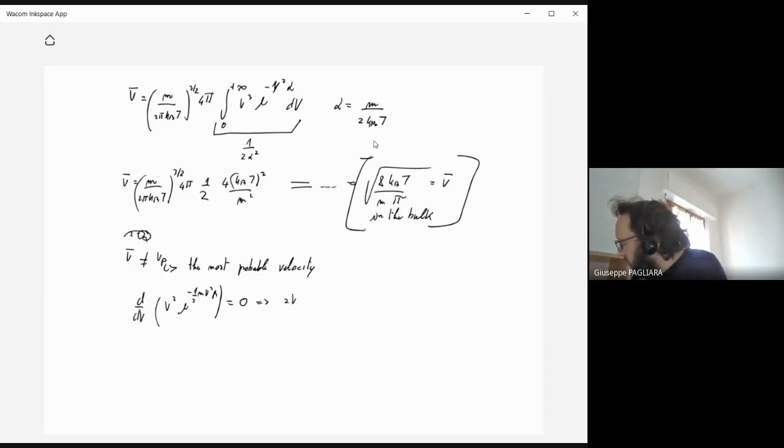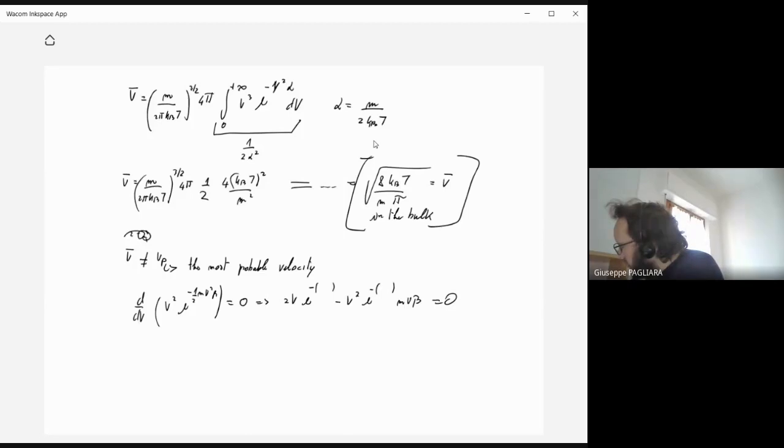Which means 2v exponential, then I have a minus v squared, the exponential, and then I have m v beta.